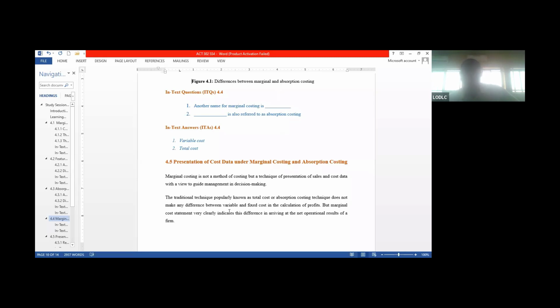The traditional technique, popularly known as total cost or absorption costing, does not make any difference between variable and fixed cost in calculation of profit. Those two costs are included. But the marginal cost technique very clearly indicates the difference in arriving at the net operational result of a firm because you have to segregate. That is the first thing you do in marginal costing: you have to segregate your marginal or variable cost from the fixed cost.